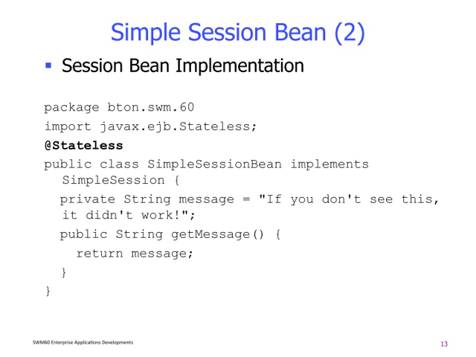So what does the bean do? It has a simple message that will show up if something goes wrong. It should say, if you don't see this, it didn't work. This is the message that the client should see if the bean has been successfully invoked.